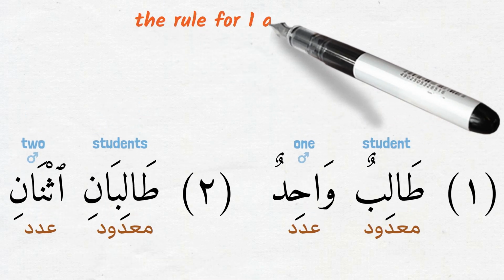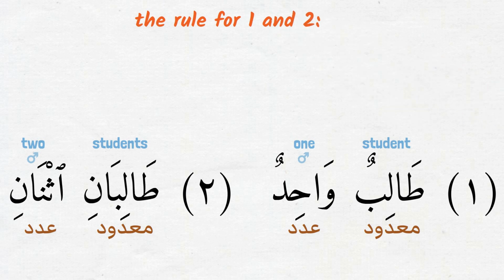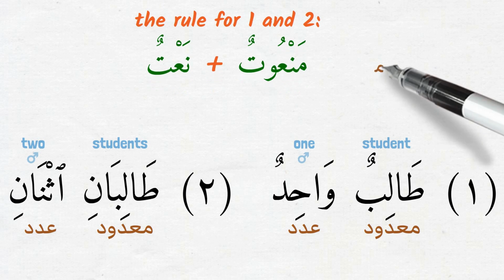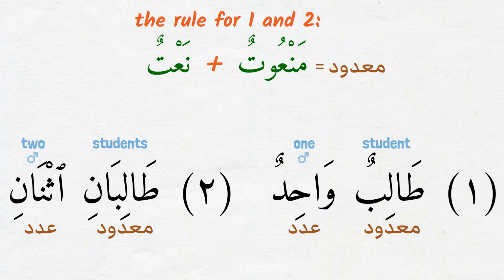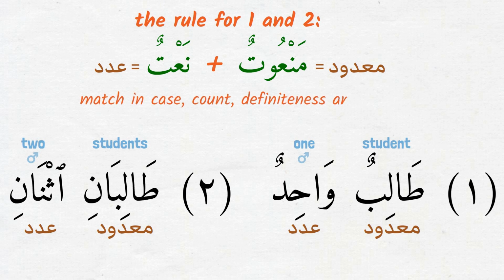The rule for counting one and two things or persons is that we combine the عدد and معدود as a NAAT and MAN'UWT pair. The معدود comes as MAN'UWT and the عدد functions as NAAT. That is why the عدد and معدود need to match in case, count, definiteness, and gender.